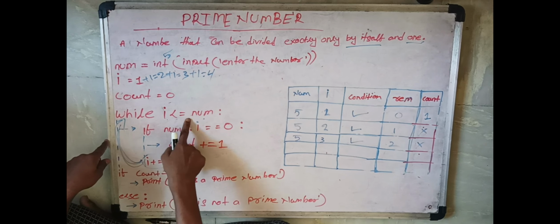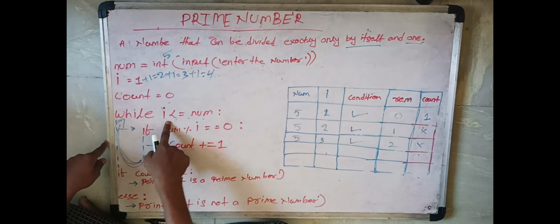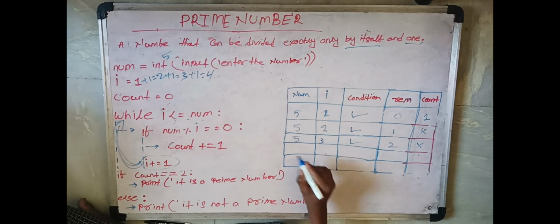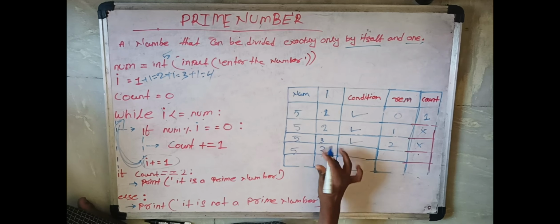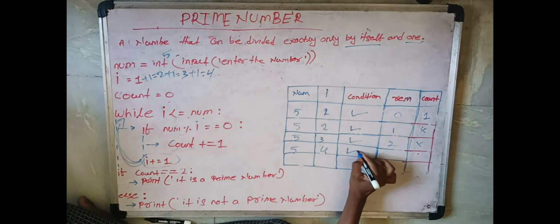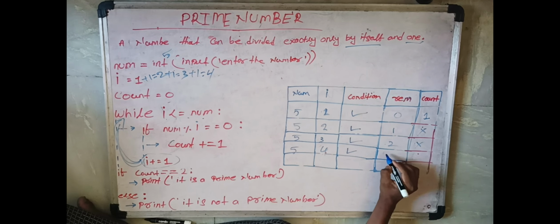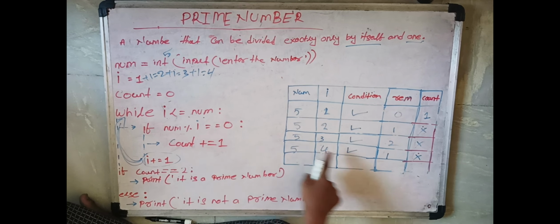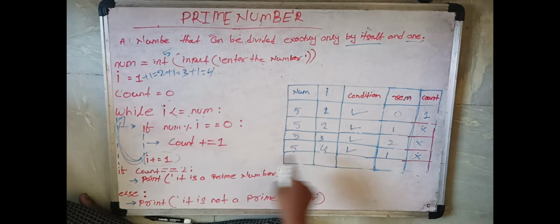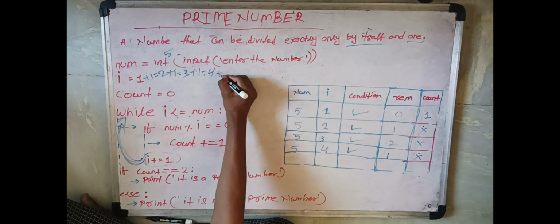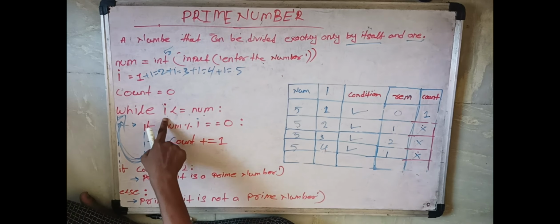Then i less than or equal to num; the condition is true. Then we check num modulus i equal to 0. In this case, 5 modulus 4, the remainder is 1. It will not count the value because the remainder is 1. Then i update: 4 plus 1 equal to 5.